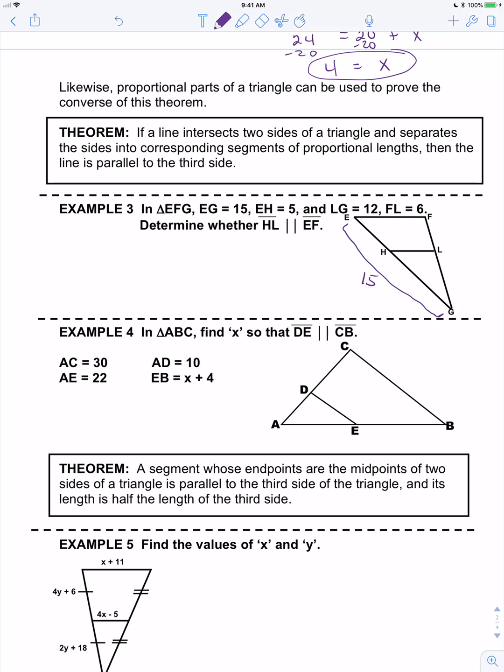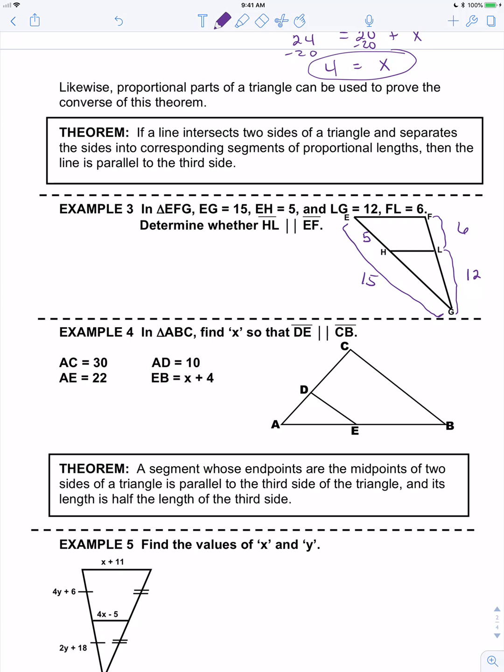And E to H is 5. So I'm going to stick the 5 inside there, okay, for the E to H. L to G, so just this portion, is 12. And then F to L is 6. Okay, well, we don't have the same kind of sides here. So let's do a little calculation.